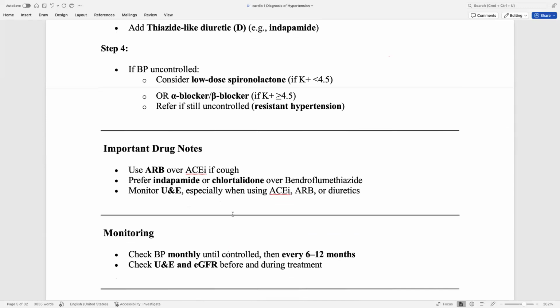Okay. Usually, if they give you ARBs, it is better than ACE inhibitors if there is cough. Okay. Indapamide is better than bendroflumethiazide if they gave you both, and both are thiazide-like. Okay.